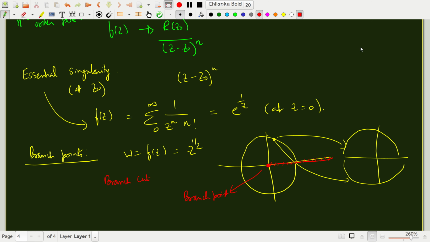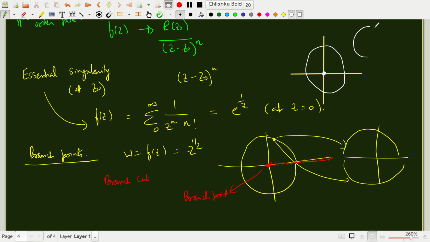Let me take an example here. You take a circle about the origin for this function, then it suffers multiplicity.